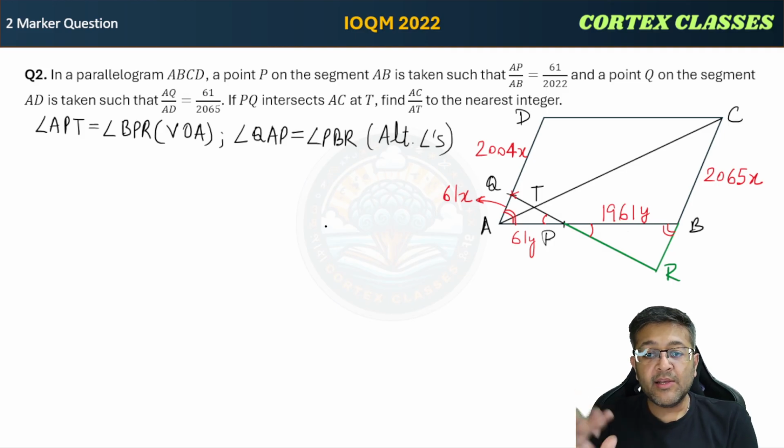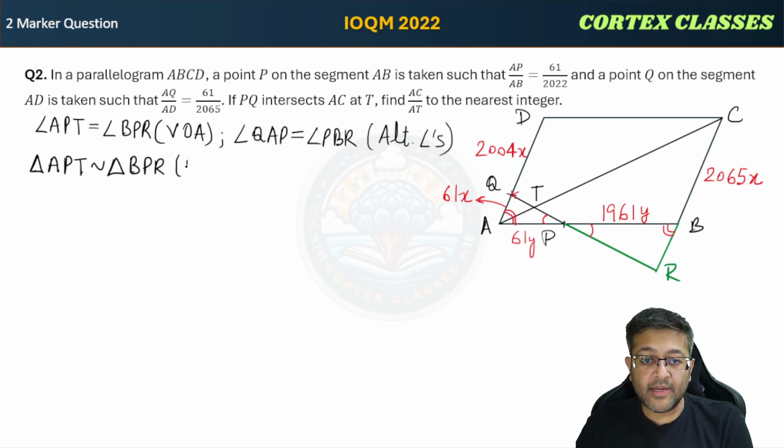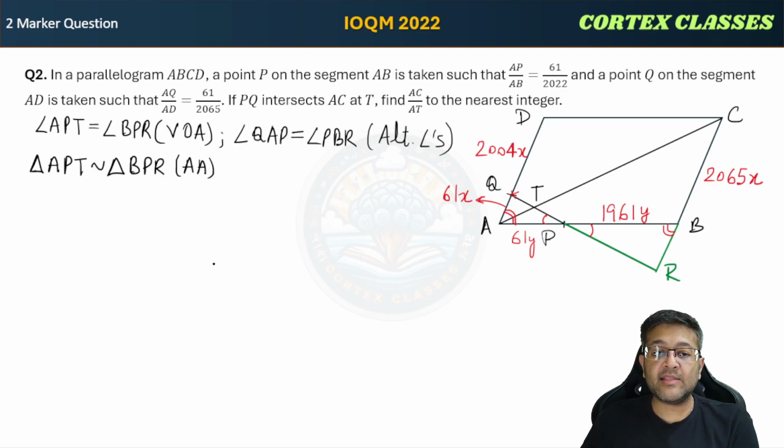Once this is done, can I say that triangle APT is similar to triangle BPR? Using the AA criterion, we can say that.